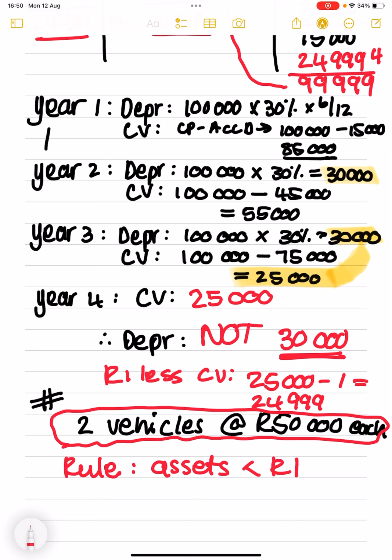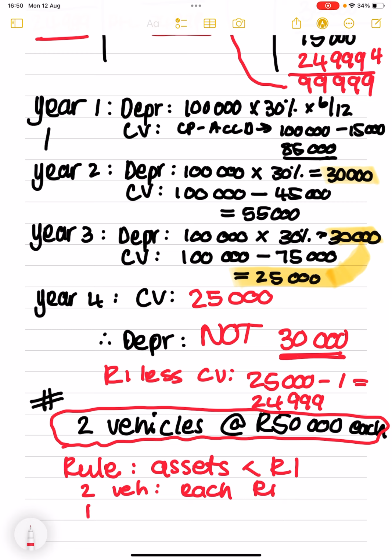So if I keep on calculating it exactly the same way, except for the last year, because if I had two vehicles at a value of 50,000 Rand, then each vehicle must be worth 1 Rand.